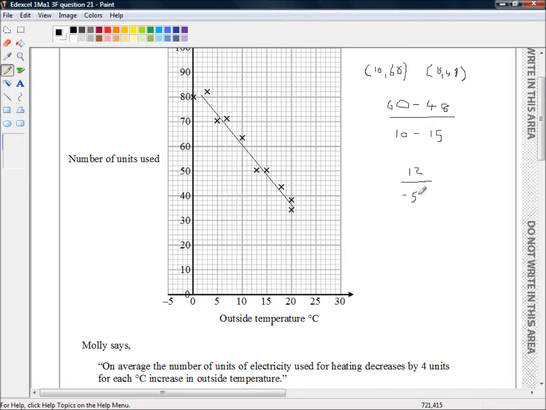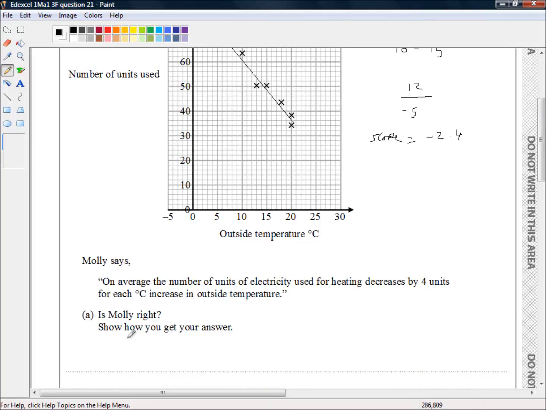So we could use a calculator for that, but 2 times 5 is 10, remainder 2, so that's 2 and 2/5, which is 2.4. So the slope is equal to negative 2.4. Again, you are allowed to use a calculator though.